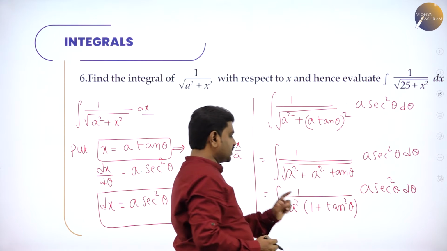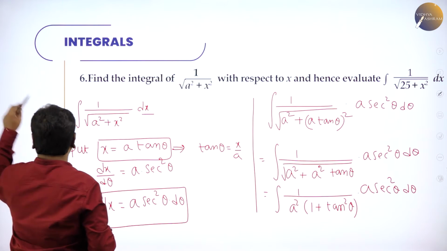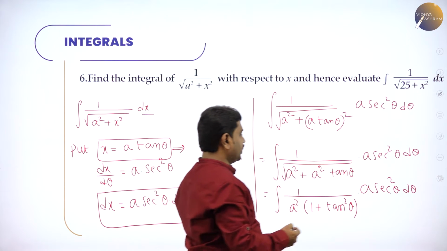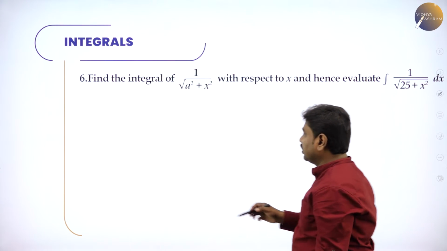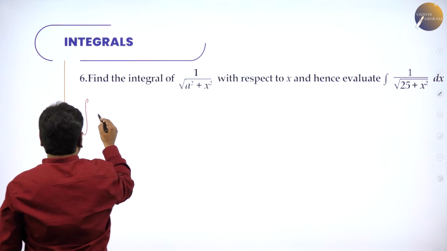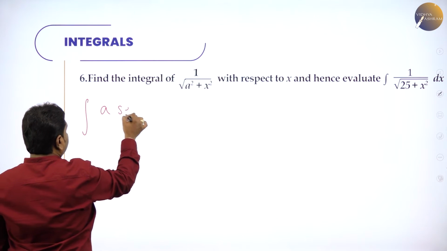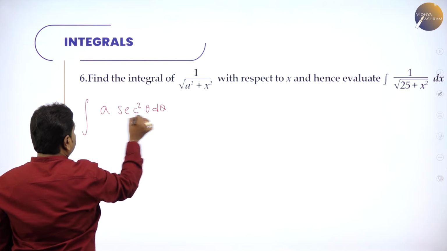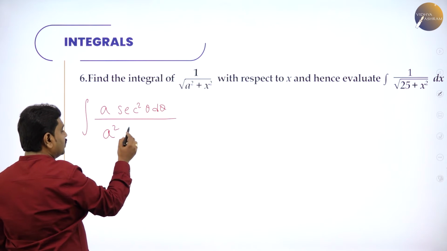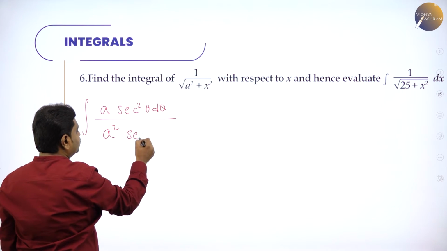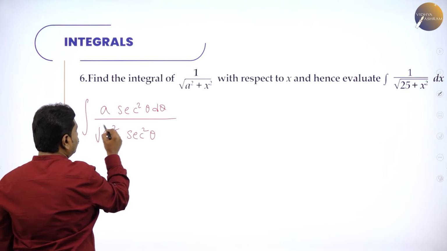So you know 1 plus tan square theta is what? Secant square theta. Next step we'll write the value, that is integral of the numerator a secant square theta d theta, and the denominator a square, 1 plus tan square theta, secant square theta, under root.